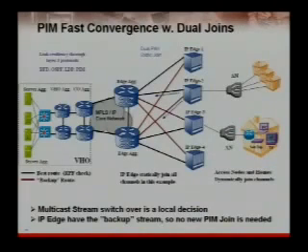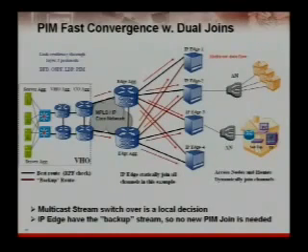So if you take a look at this and how it will look with the dual joins, so basically now in this star topology here, IP edge number 2 will send out 2 joins, 1 on each link, so basically we'll join the stream from the 2 different edge aggregation routers. And you basically fill up all the links in that particular network with the multicast. So every single IP edge here will receive the stream twice, once from each node on the aggregation one.